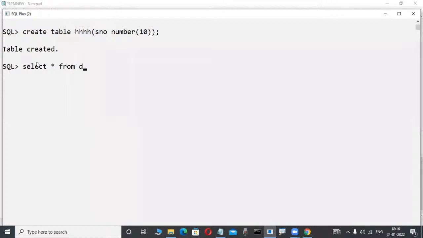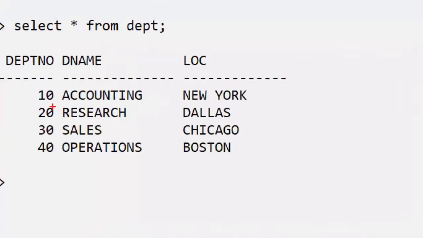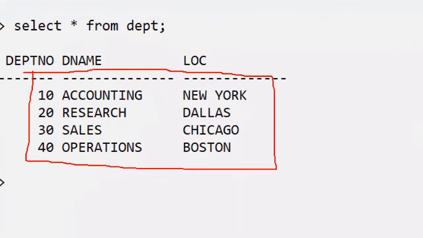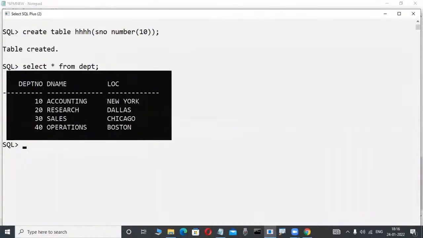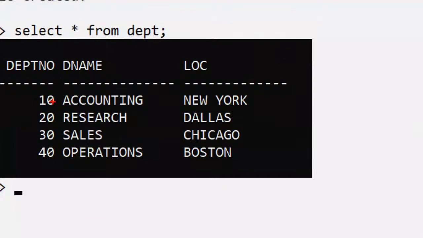That's why, whenever there is a logical structure, data is represented at the logical structure in a matrix format, rows and columns. That's why this is a data model: how data is represented at a logical structure. But from 1970 onwards, data is represented at a logical structure in a relational data model.